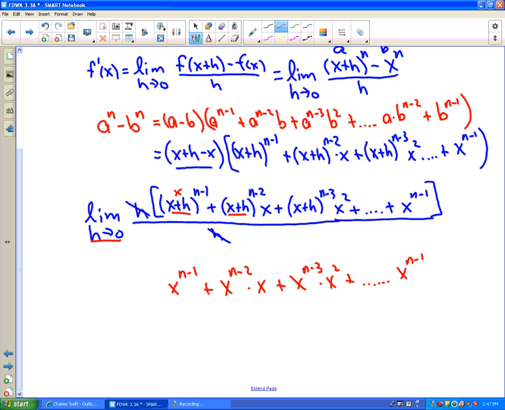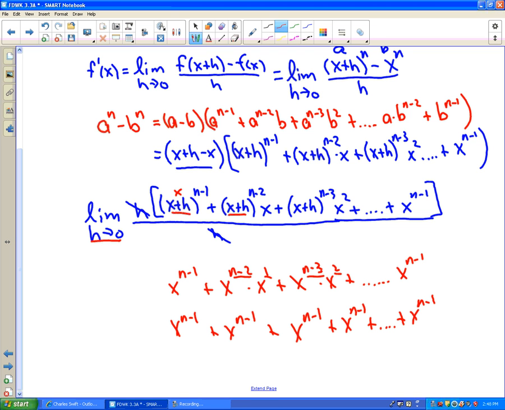Now here, my first term will stay x to the n minus 1. N minus 1 plus 1. When we multiply, we add exponents. So n minus 2 plus 1 makes n minus 1. N minus 3 plus 2 makes n minus 1. And it's going to continue along that all my terms are going to be x to the n minus 1.